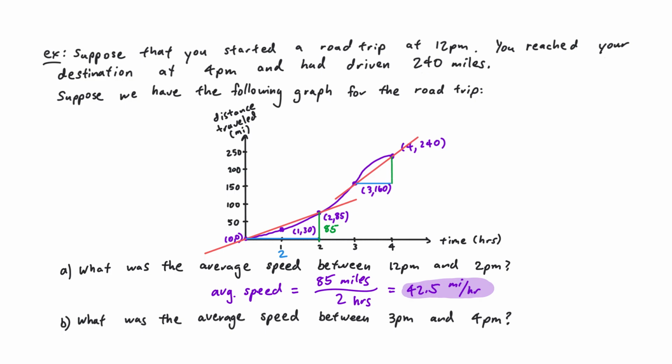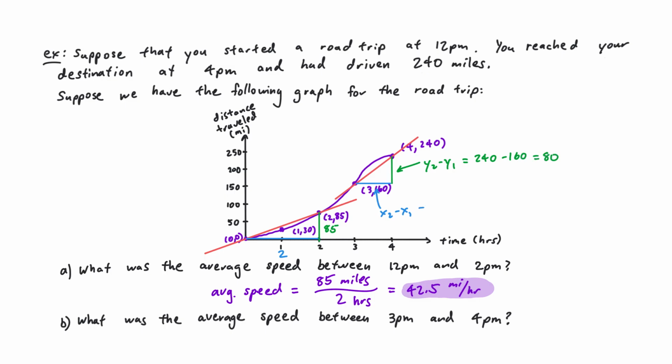When we learned about slopes, remember that we can calculate the rise by doing y2 minus y1, and we can calculate the run by doing x2 minus x1. For our 2 points here, y2 minus y1 would be 240 minus 160, which gives us 80.